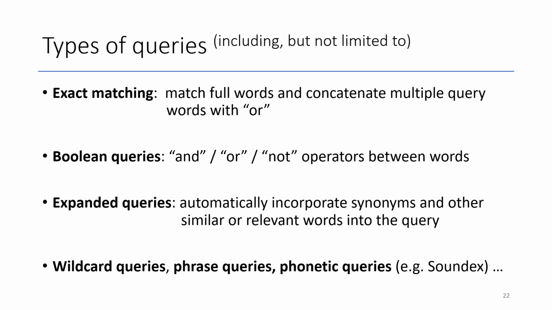And then of course we can expand queries and incorporate synonyms or other similar or relevant words into the query. Furthermore, we can conduct wildcard queries, phrase queries, phonetic queries. A lot of different query processing techniques can be applied before we look up statistics from the inverted index.